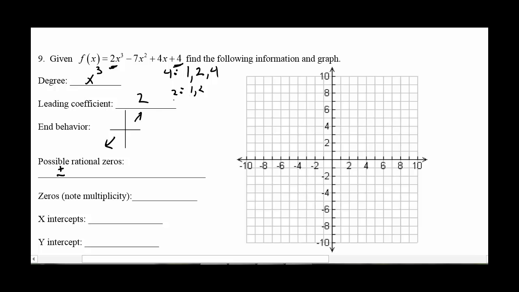Put the 1, 2, and 4 all over 1, so I get the original list. Then we're going to go back and do the same 3 numbers over 2 and pick up anything new. So 1 over 2, that's a new choice. 2 over 2 is not, because that's 1. 4 over 2 is not, because that's 2. Okay, so we only picked up a half in that case.